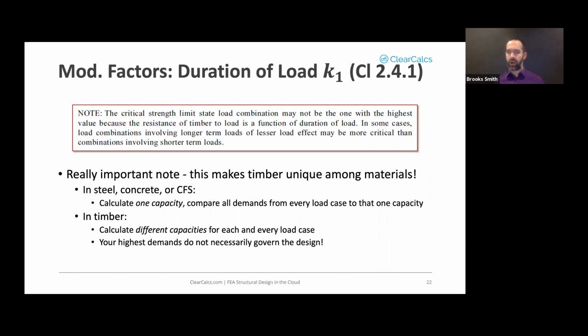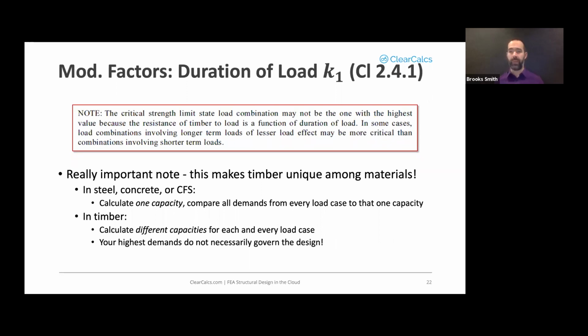In steel, in concrete, in cold form steel, in aluminum, you calculate one capacity and then compare all of your demands from every load case to that one capacity. In timber, you have a different capacity for each and every load case. So you have to calculate several different capacities. And that means that the load case with the highest demands doesn't necessarily govern your design.